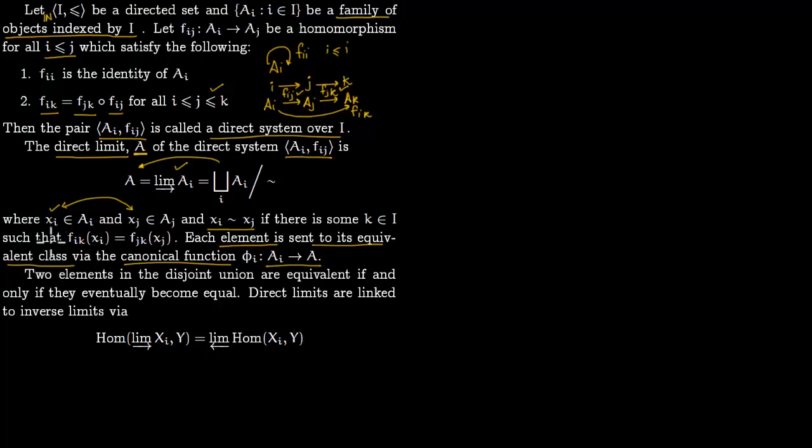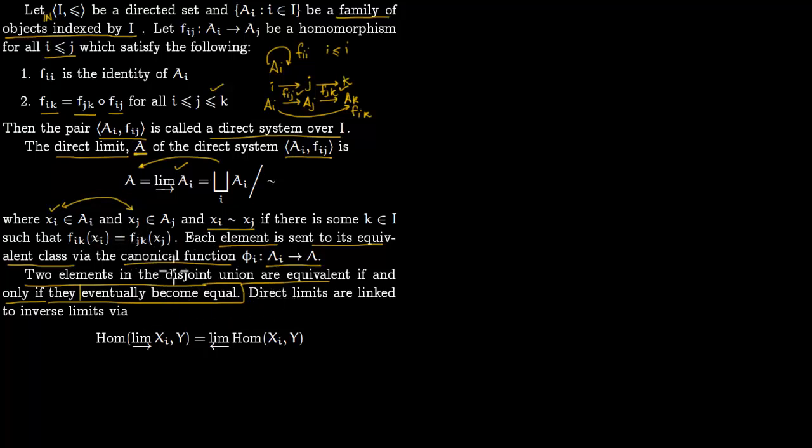The slogan which one needs to remember for using direct limits is that two elements in this disjoint union are equivalent if and only if they eventually become equal. There are a large number of elements. As you can see, this is a huge set because it's a disjoint union, and you say that two elements are equal when they eventually become equal under some mapping like Fik and Fjk.